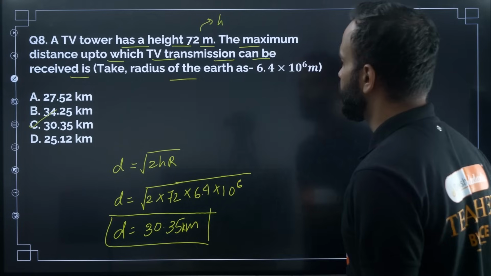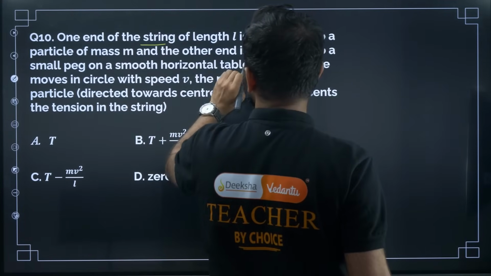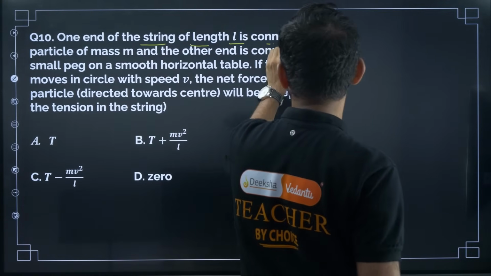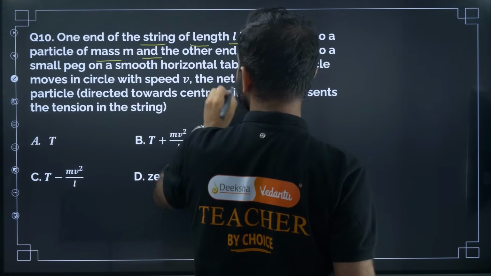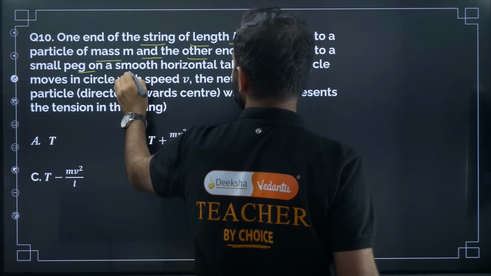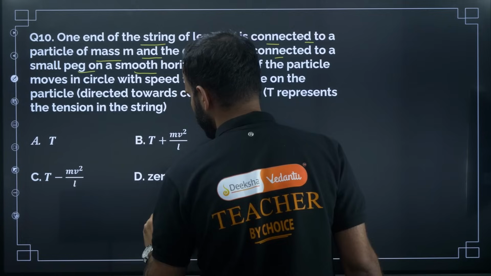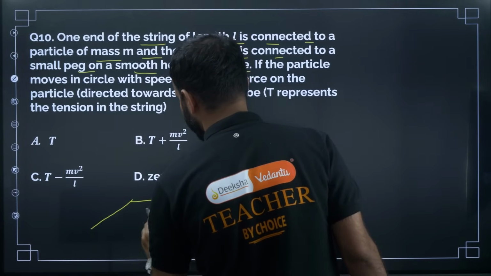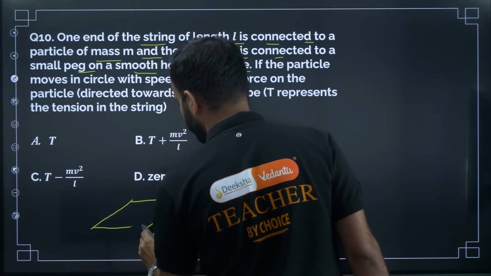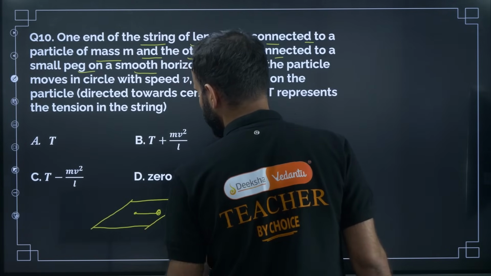Okay, next question. Question number 10. One end of the string of length L is connected to a particle of mass m, and the other end is connected to a small peg on the smooth horizontal table. Okay, so this is the table, this is the small peg and this is the particle.